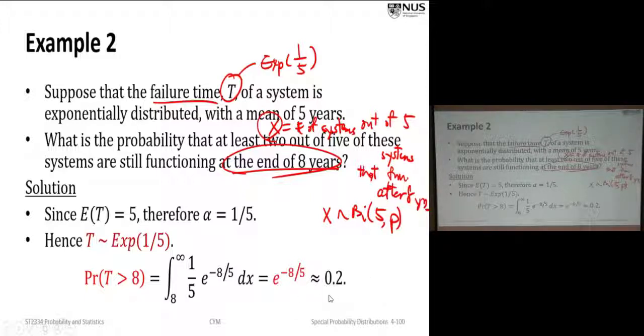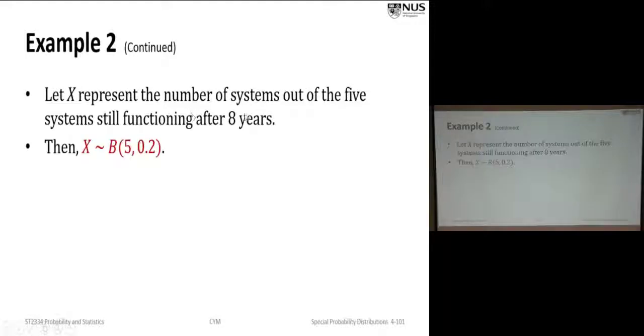I just rounded it to make it nice. If you want exact, you can write down the exact value up to 4 decimal places, but I just rounded it to 0.2. Then X is the number of systems out of 5 that survive 8 years. X is modeled by binomial because we are interested in the number of successes.